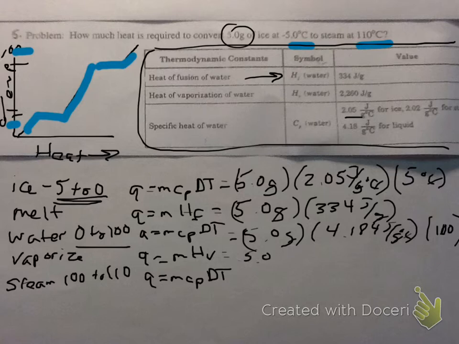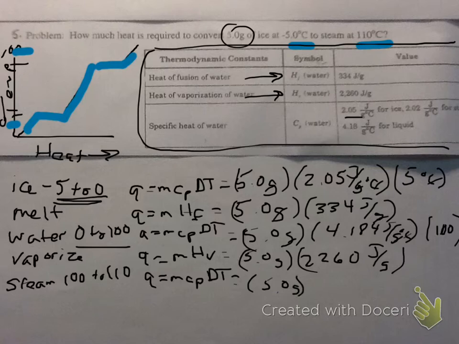Mass, 5 grams, and then I need the heat of vaporization for water, which is 2260 joules per gram. And then this one, 5 grams times the specific heat of steam, which is 2.02 joules per gram degrees C, times the temperature change for this segment, which is 10 degrees C.